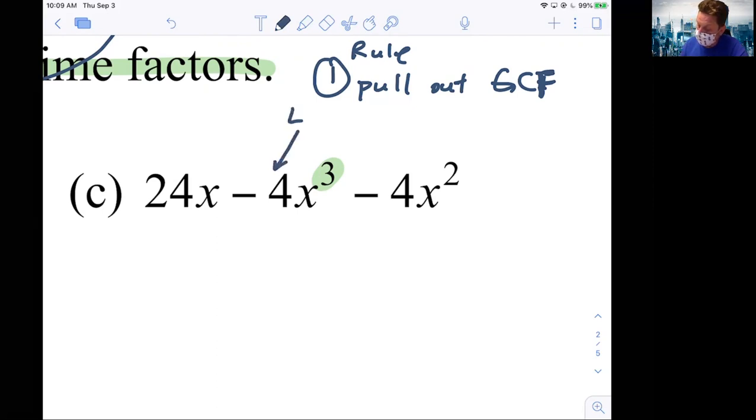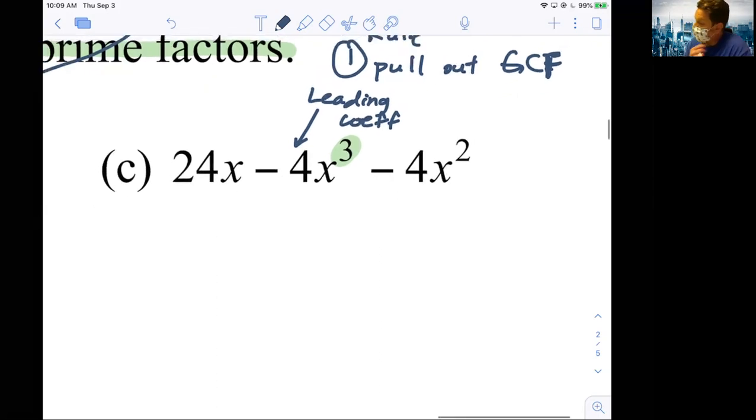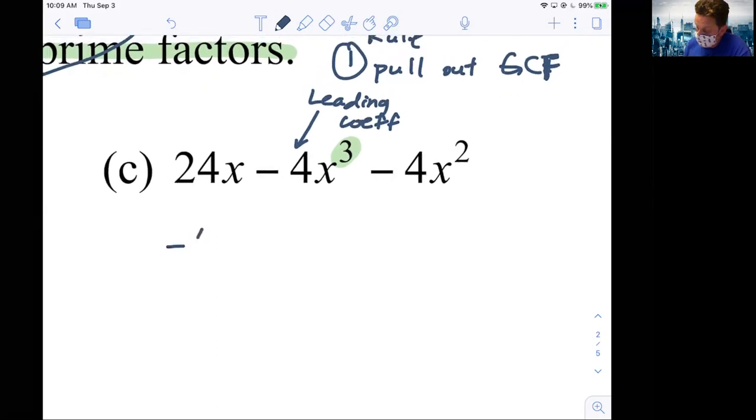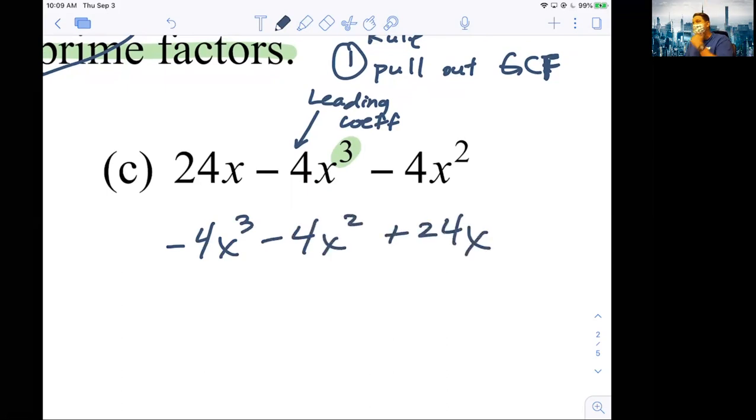Negative 4 is your leading coefficient. And notice it's not in the front, but we still call it the leading coefficient because it's associated with the variable with the largest degree. So what I would do before I start factoring is write it in descending order of degree. So negative 4x cubed, minus 4x squared, and then plus 24x. A little housekeeping, right? And again, every line is equivalent to the one above and below.